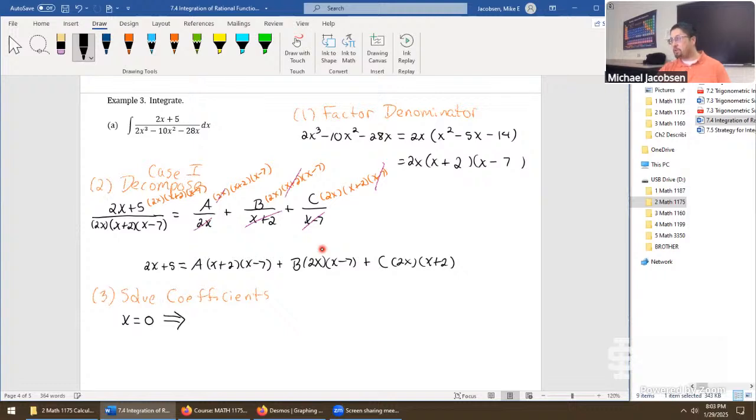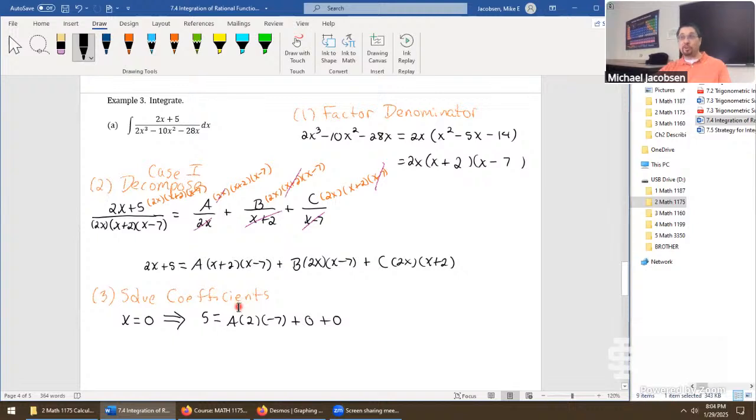X equals 0 implies, the right arrow just says, the last equation is going to imply another equation comes in. We plug 0 everywhere in the equation above. So the left-hand side is 5 equals, over here, this is a times 2 times -7. And the rest of this just vanishes. I'll go +0 just to say specifically, they're gone.